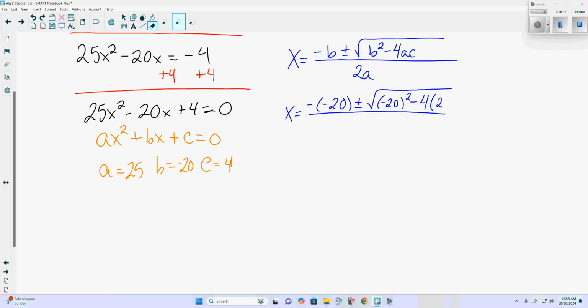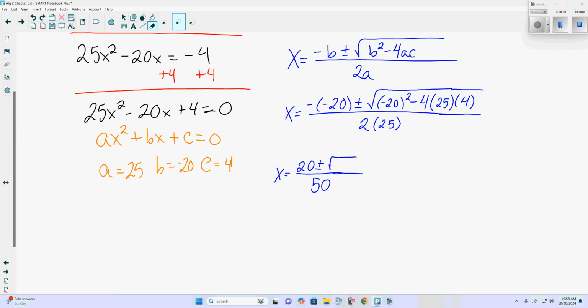A is 25, C is positive 4, all over 2 times A. Okay. Our negative negative 20 is just going to be 20, and our 2 times 25 on the bottom is 50.